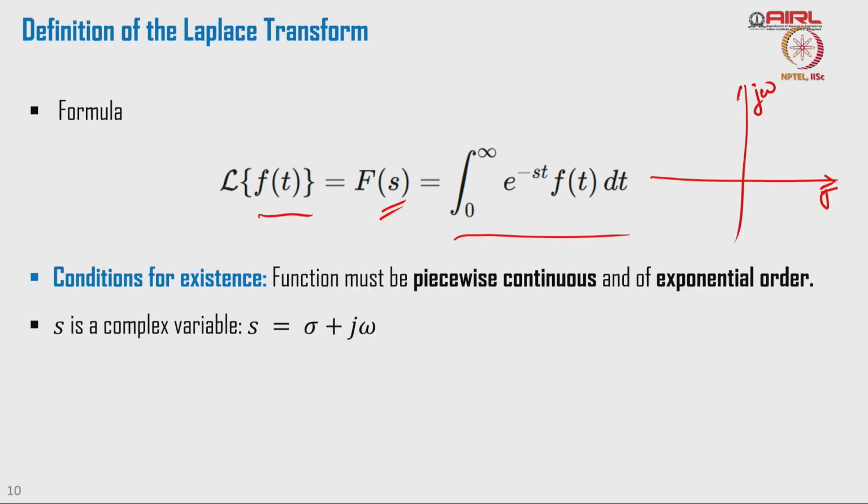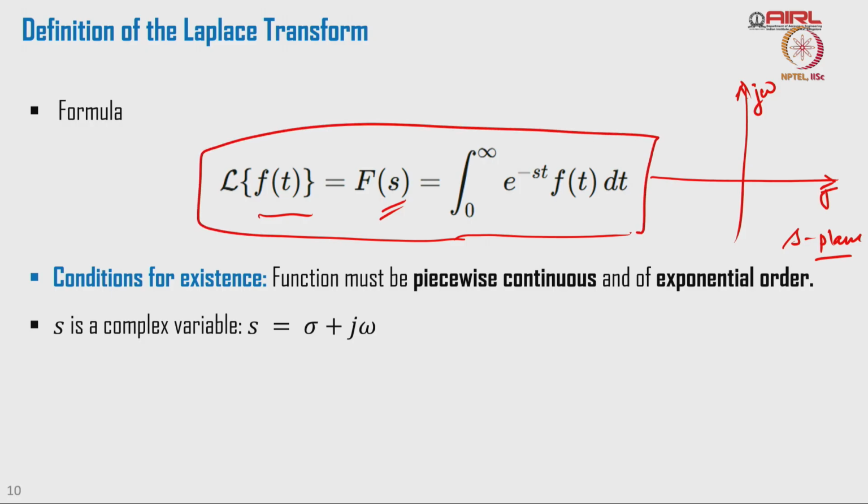So this is the entire complex plane, or called S plane, right? So we see that the definition of Laplace transform is something like this. Okay, we have a time domain signal, we transform it into frequency domain, or we say S domain.